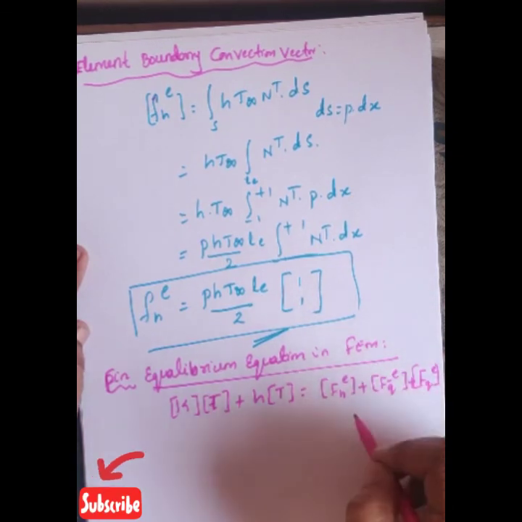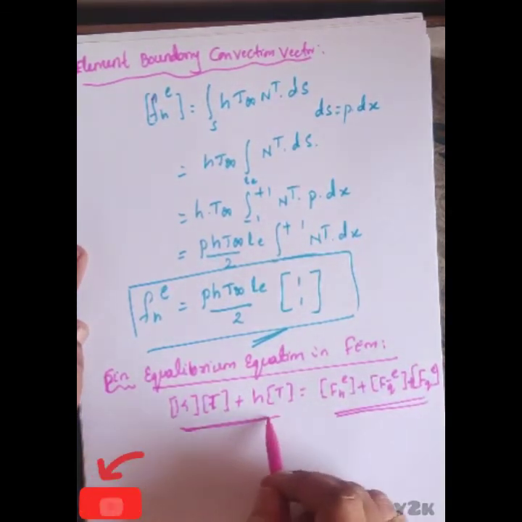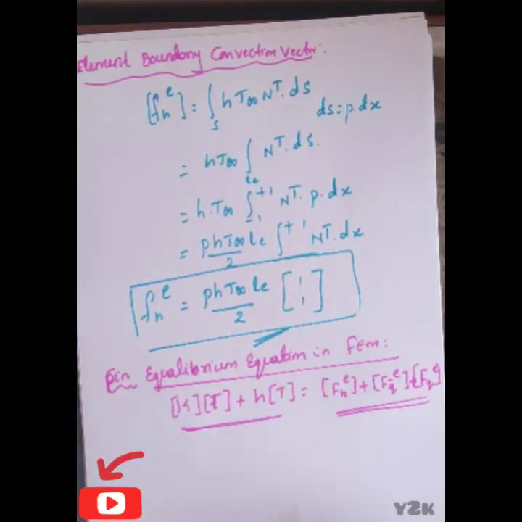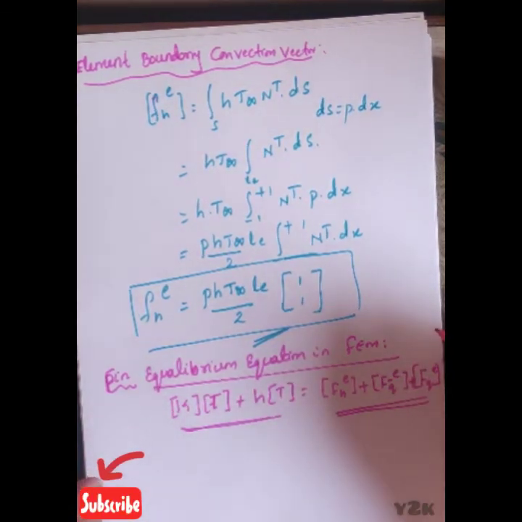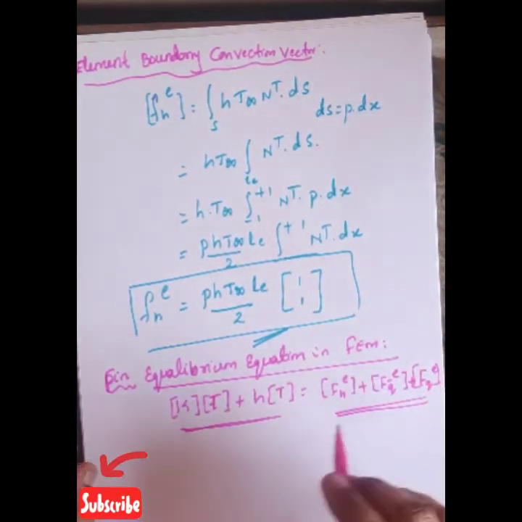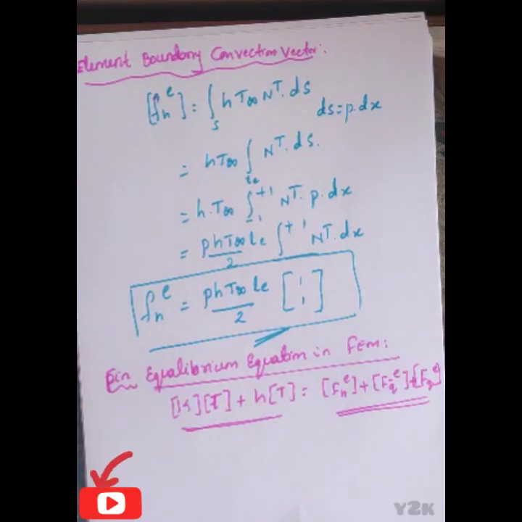Like this you should consider. That means these are all your load vectors, and these are all your stiffness matrices. Using this only we have to solve the problem. Okay, thank you. This is about your fin concept.